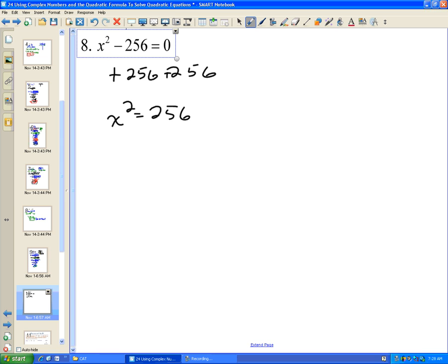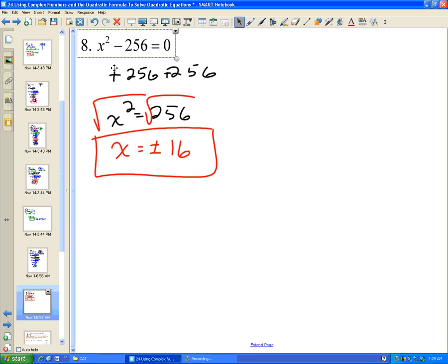Since the quadratic term is by itself, I can square root both sides and I get x is equal to plus or minus the square root of 256, which is 16, and I'm done. That was using square roots, and it was a simple problem because I know that 16 squared is 256. You could use your calculator. Either way, you could simplify it if it wasn't a perfect square.